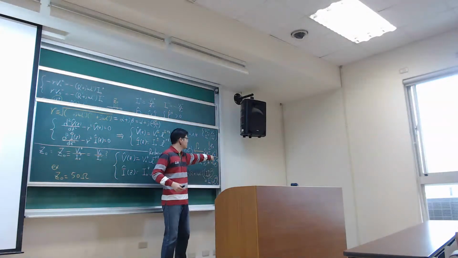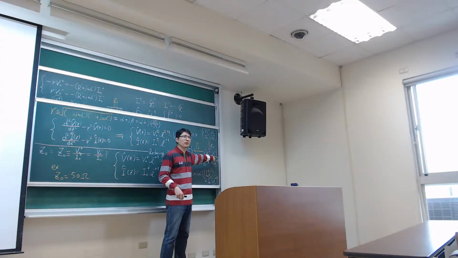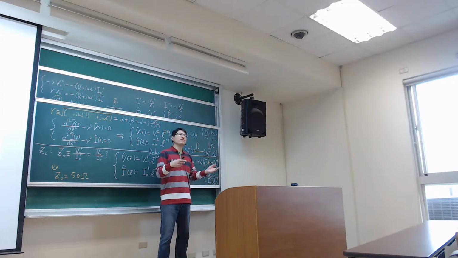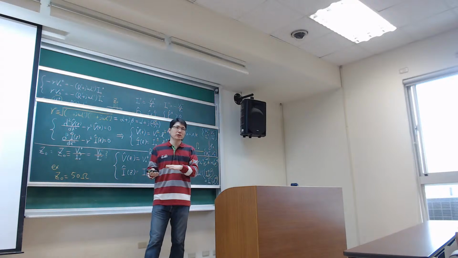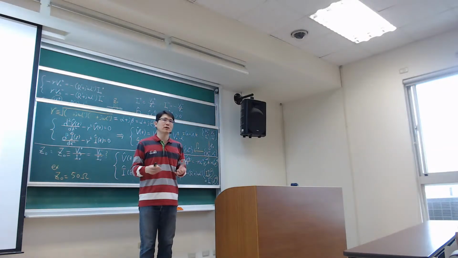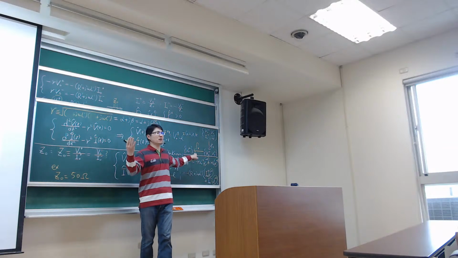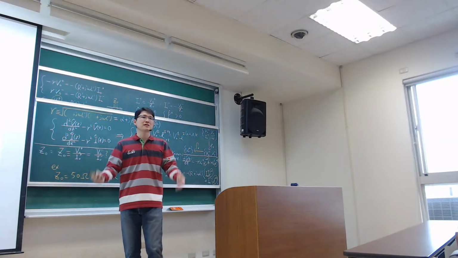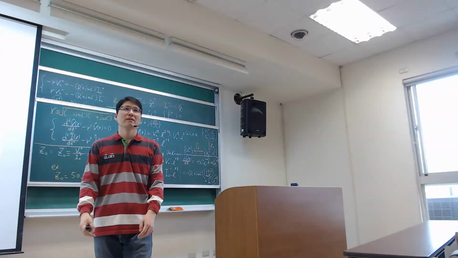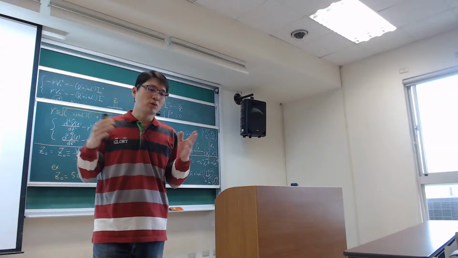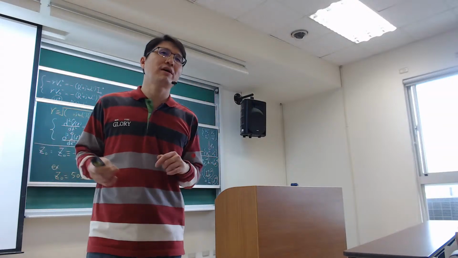Then we can reduce the number of unknowns to 2. And then at a load, we can further relate the backward voltage amplitude to the forward voltage amplitude by a reflection coefficient. Then we only have to solve for the positive voltage amplitude. So we spent 100 minutes to arrive at this point.